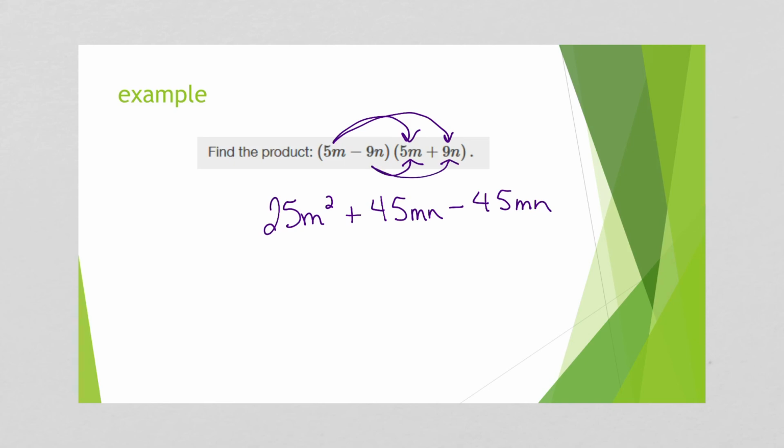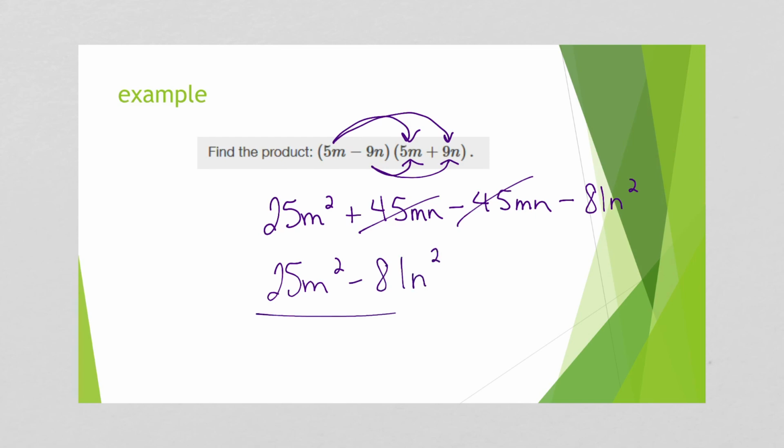Negative 9n times positive 9n is negative 81n squared. Our like terms are right here and right here, but look, they create 0. One's a positive 45mn, one's a negative 45mn. So what we're left with is 25m squared minus 81n squared.